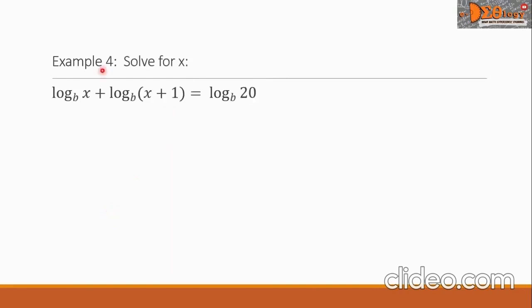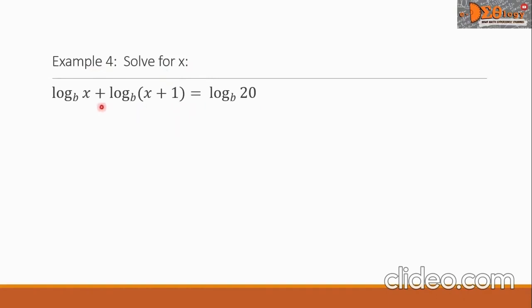Let us have example 4. Solve for x. We have here log of x to base b plus the log of the binomial x plus 1 to base b equals the log of 20 to base b.